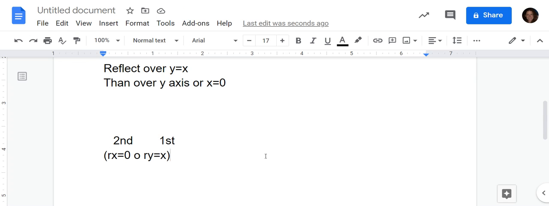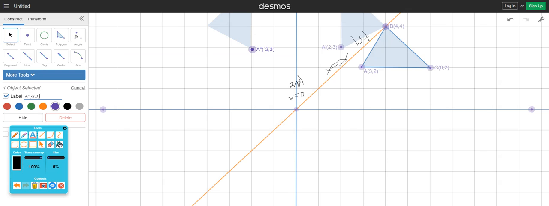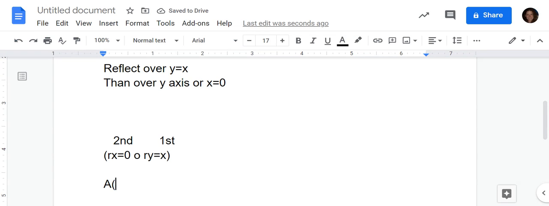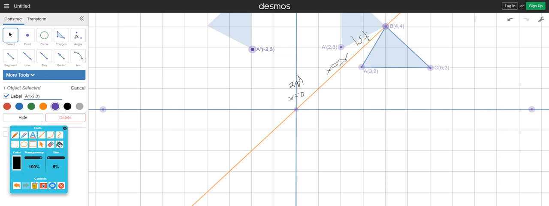But we know that we're going from A, which is, and I'm going to flip back and forth, 3, 2. Then we go to A double prime, which is -2, 3.